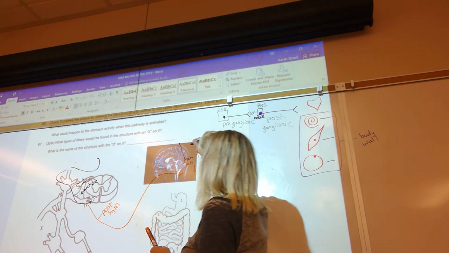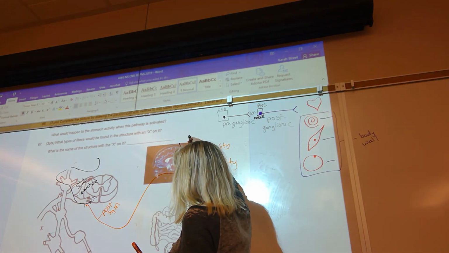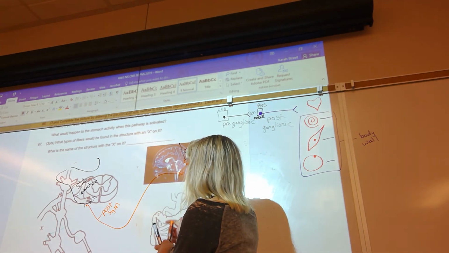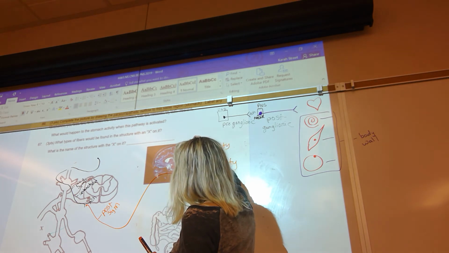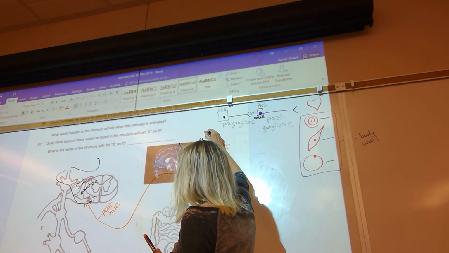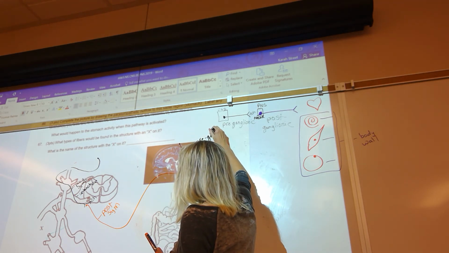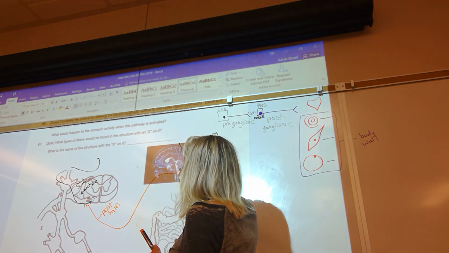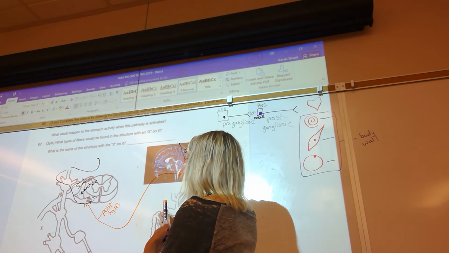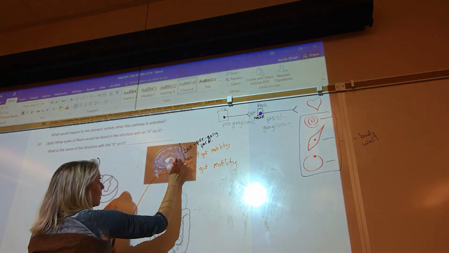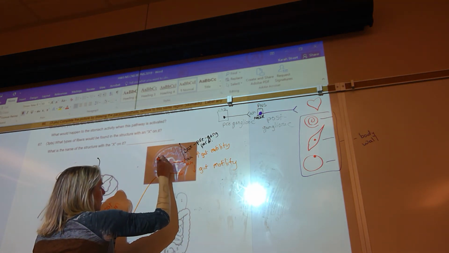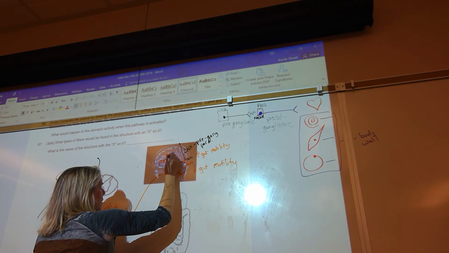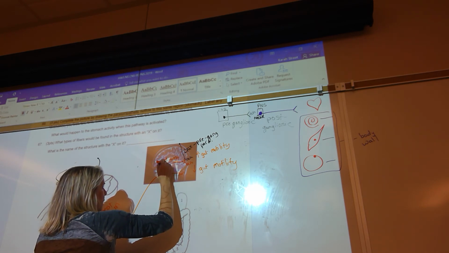That's parasympathetic. That's preganglionic. Parasympathetic. And then that orange one is part of a terminal ganglion. It would be the postganglionic parasympathetic.